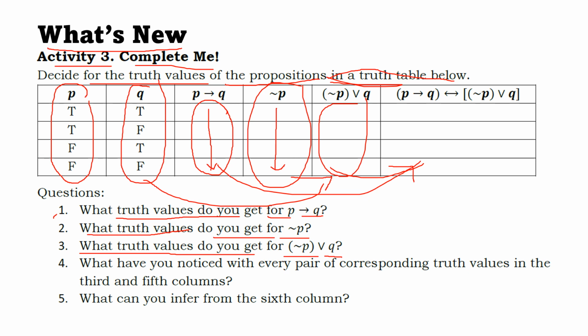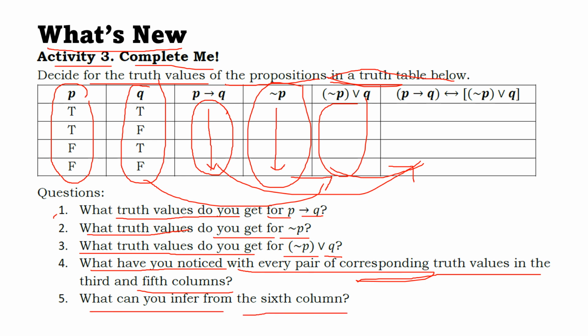For number 4, what have you noticed with every pair of corresponding truth values in the third and fifth columns? And for the last question, what can you infer from the sixth column? These questions will serve as your guide questions for you to understand more what this activity is all about.